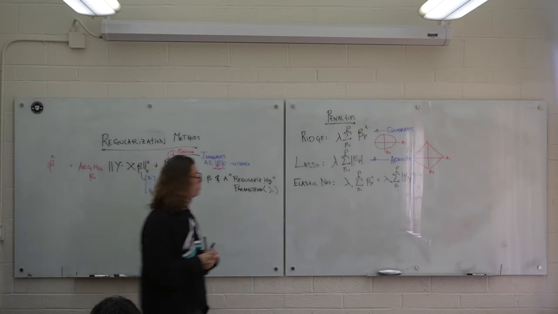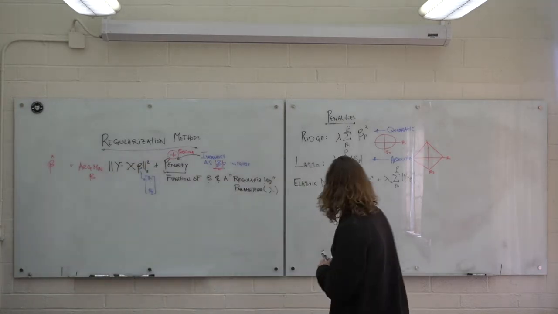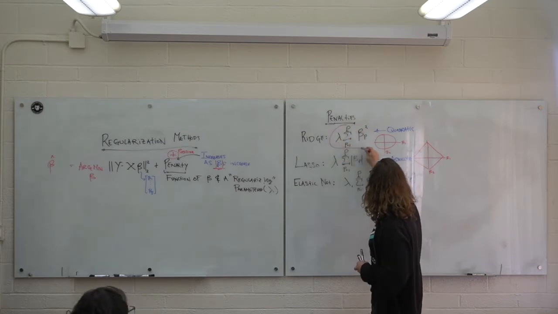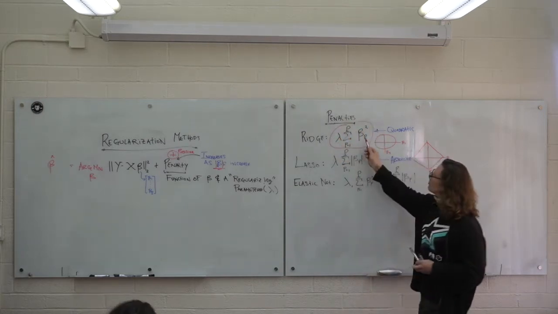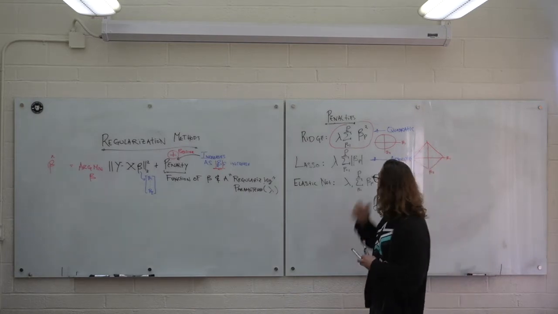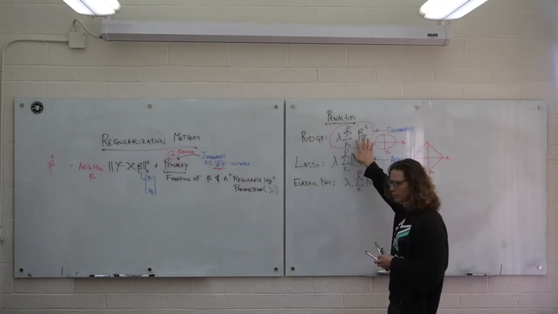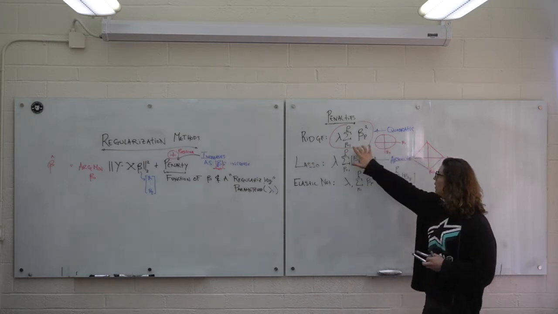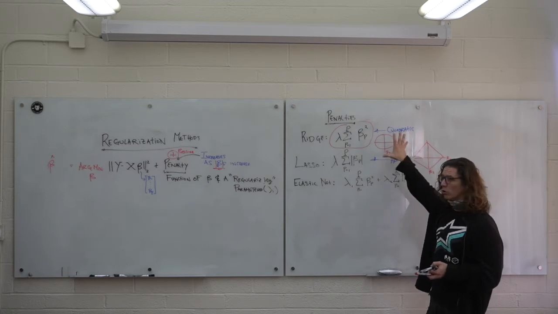I showed you a couple different variations of this. For Ridge, the penalty looks like this. It's just these squares, these quadratic forms of the betas. So this puts a lot of penalty on the betas. The contours that we're looking at, what does this penalty function look like? It's a circle.